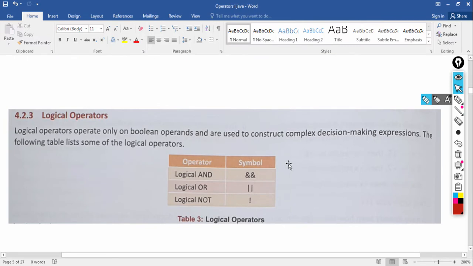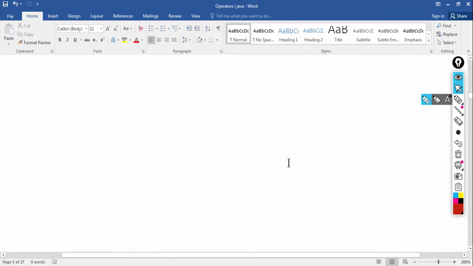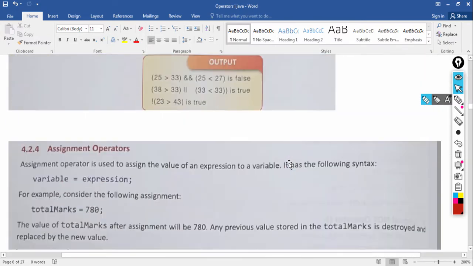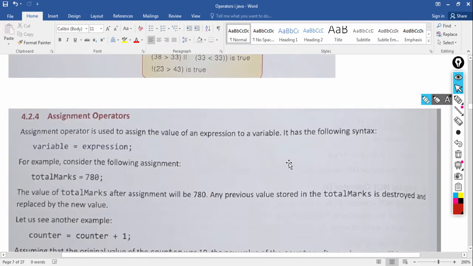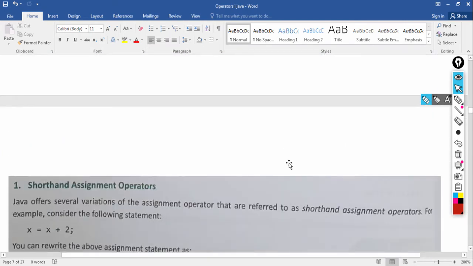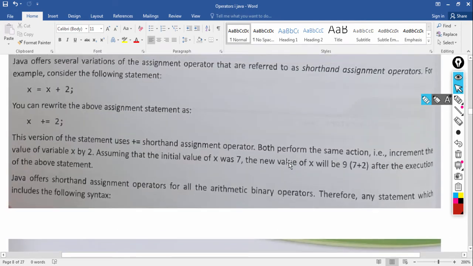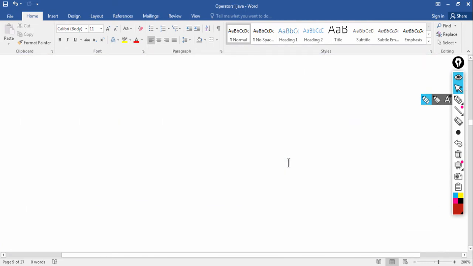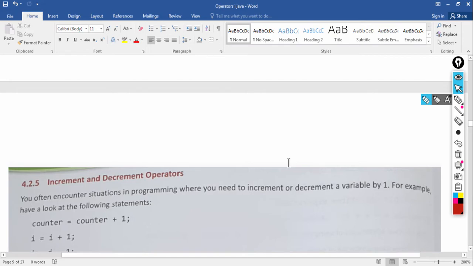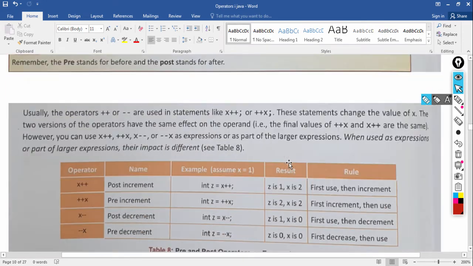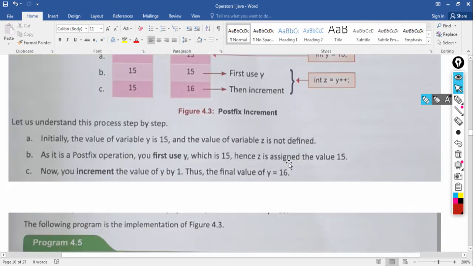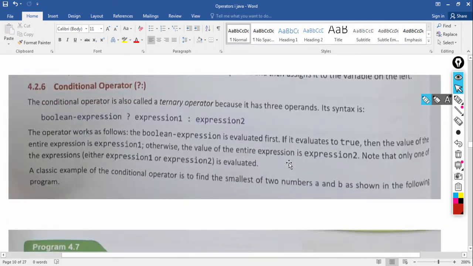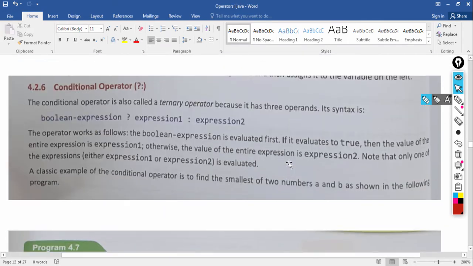Then we have assignment operator, then shorthand assignment operator, then increment and decrement operators, and finally the conditional operator.